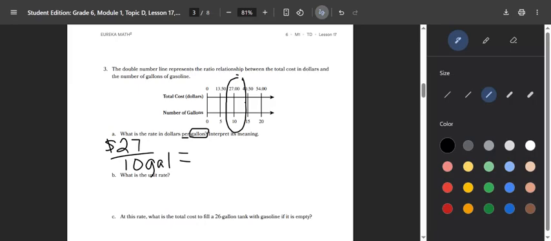And I want gallons to be 1. So 27 divided by 10 ends up being $2.70. It is money. Make it go to the hundredths place. Don't forget your dollar sign. Money needs a dollar sign.